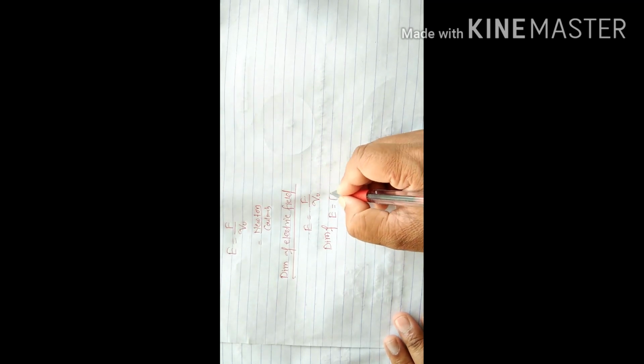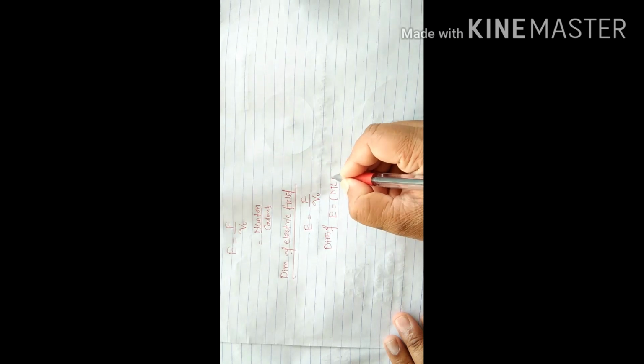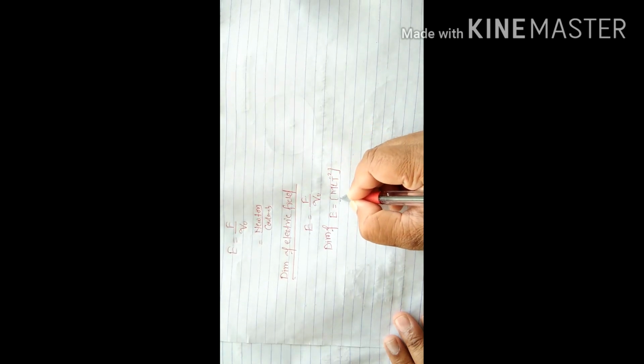The dimension of force will be M L T minus 2, and the dimension of charge will be A T. So E is equal to M L A minus 1 T minus 3. So the dimension of electric field will be M L A minus 1 T minus 3.